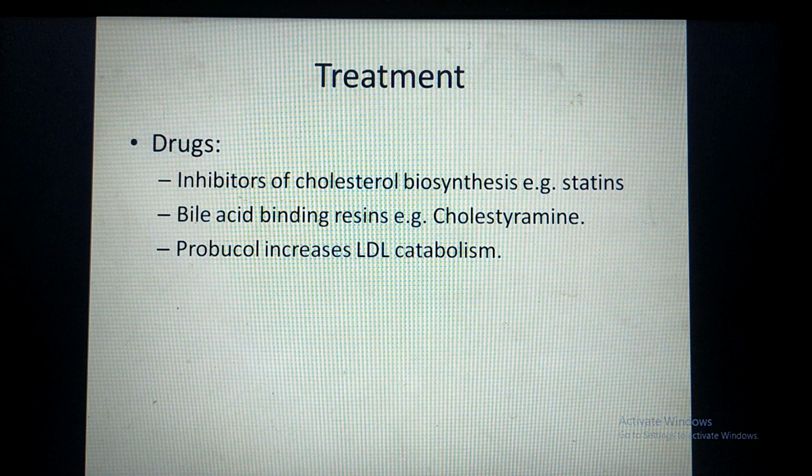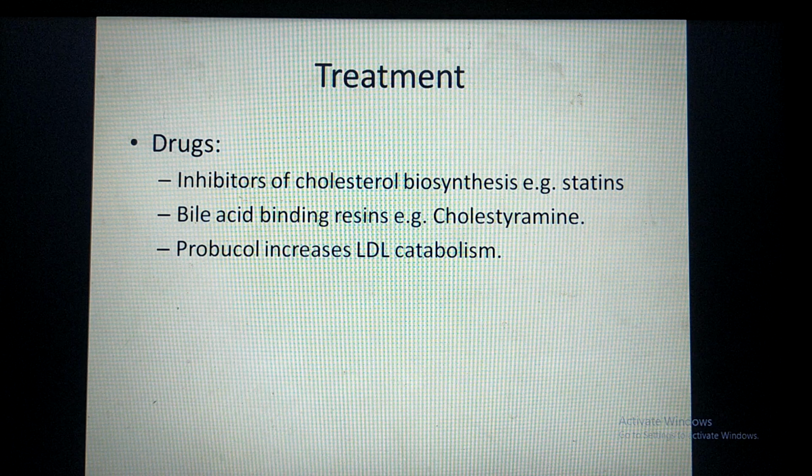Second drug is cholestyramine. Now this cholestyramine is a bile acid binding resin which causes increased excretion of bile acid into the stool. Whenever there is increased excretion of bile acid in the stool, more and more bile acid is synthesized from cholesterol. That means cholesterol is converted into bile acid. So in this way cholesterol level is decreased.